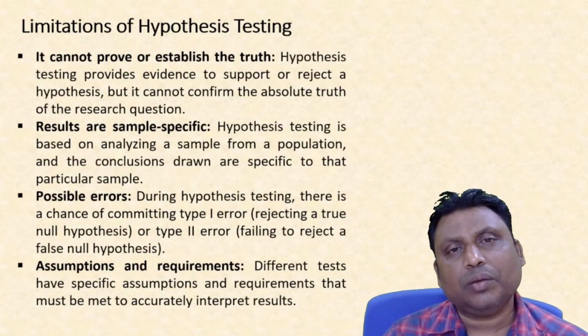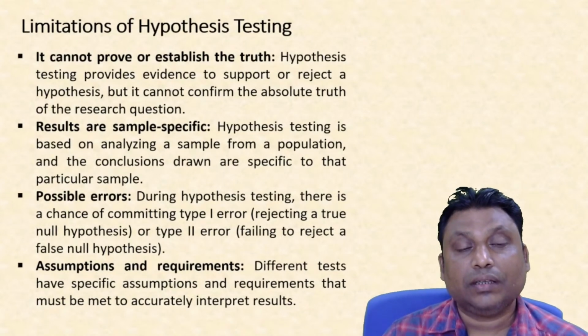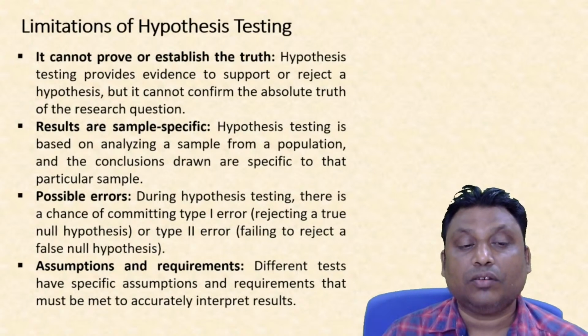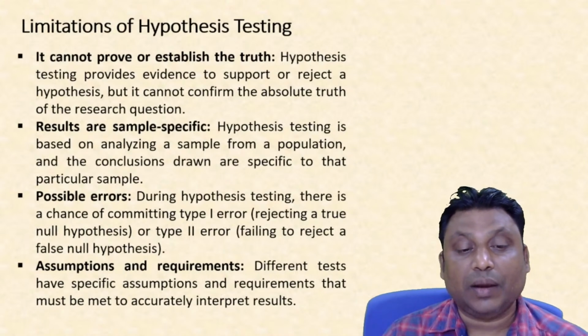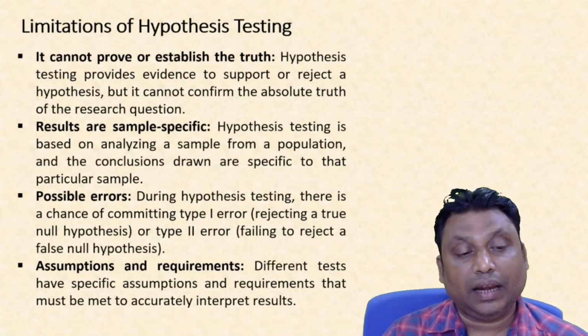Possible error: sometimes errors may occur, and the possible error should be small. During hypothesis testing, there is a chance of committing a type 1 error, rejecting the null hypothesis, or a type 2 error, failing to reject the null hypothesis. The next one is assumptions and requirements.